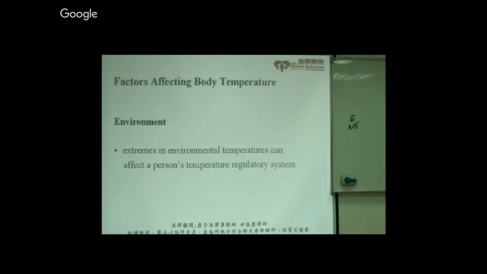This is 3 words, I put them in 1 word, thermoregulation, or you can say temperature regulatory system. Where is the temperature regulated? In the hypothalamus.